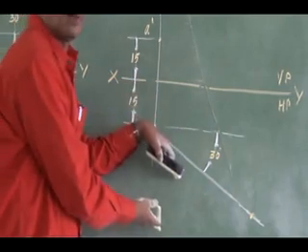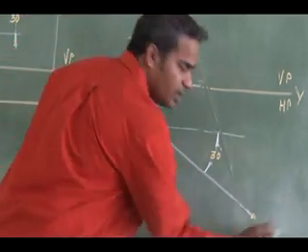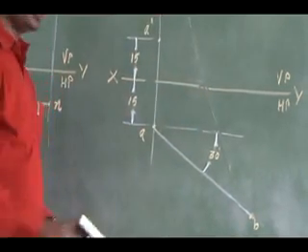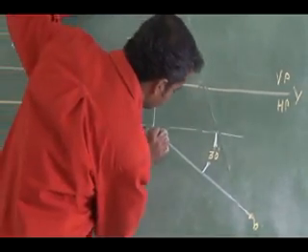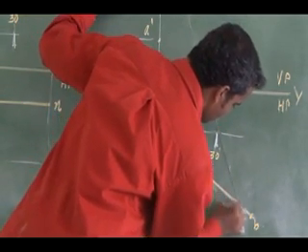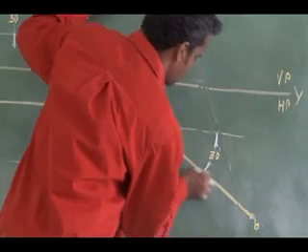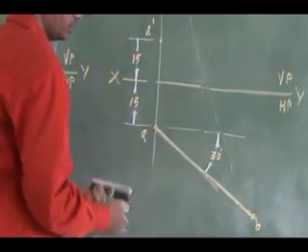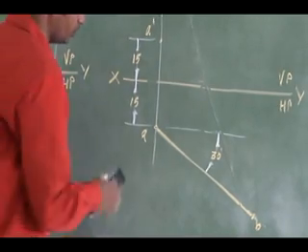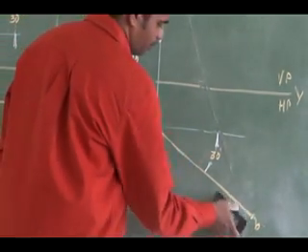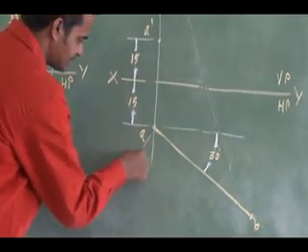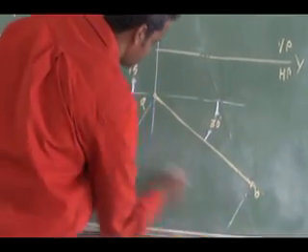B, because I am drawing the top view, it will be a small letter without dash. This is my B. So this is going to be my top view. This length is given, so I can dimension this.